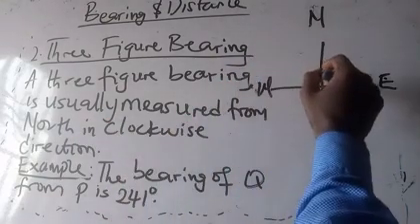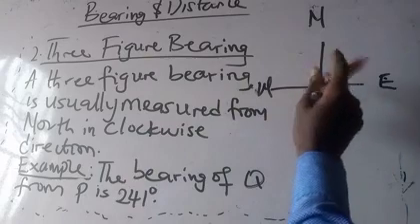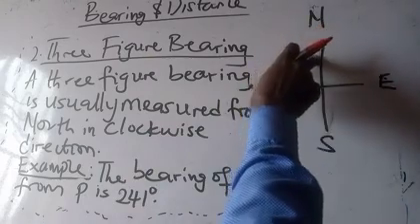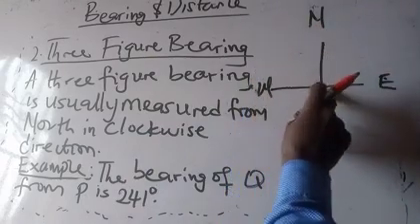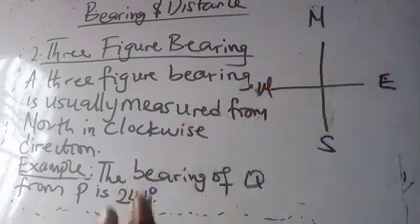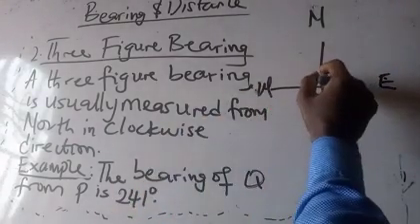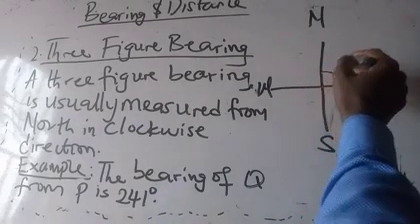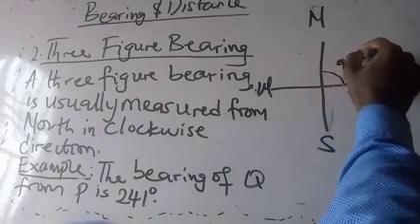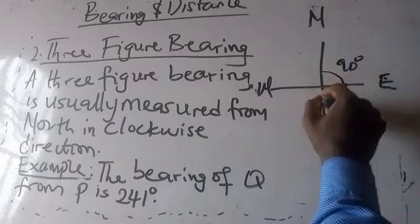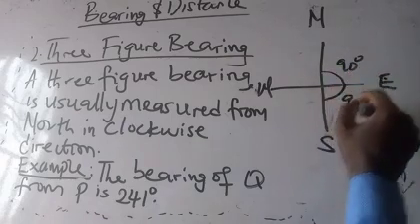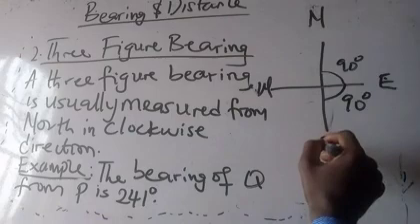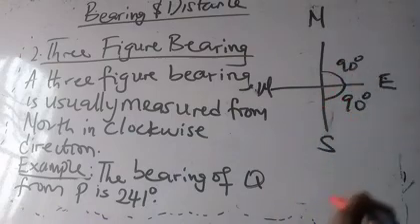241 degrees. When you look at it, this line intersects this line, making it angle 90. So from the north where we are reading, this is 90 degrees. Another 90 degrees. This is angle on a straight line, which is 180.